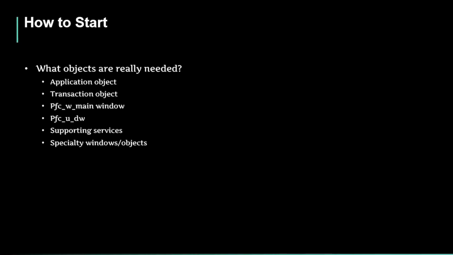Now, when I first started, I tried to establish to myself, what did I really want? What are the absolutely have-to-have objects? Well, obviously I have to have an application object. I also wanted a transaction object. And the only real window that I initially wanted was just a main type window.